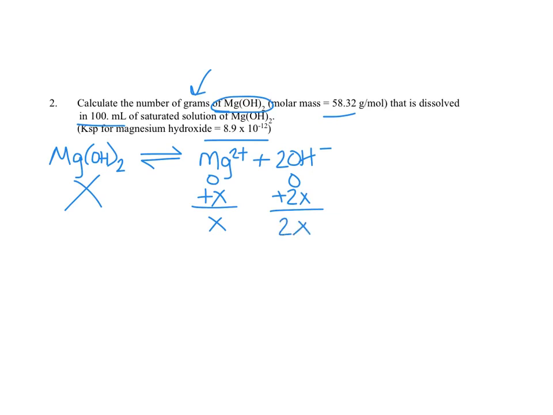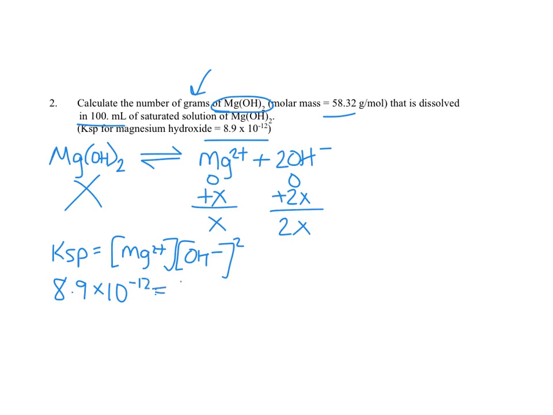And I'm going to go through the same process that we just did in the previous example, where my KSP is going to be equal to magnesium and hydroxide squared. So let's see, my KSP value is 8.9 times 10 to the negative 12.